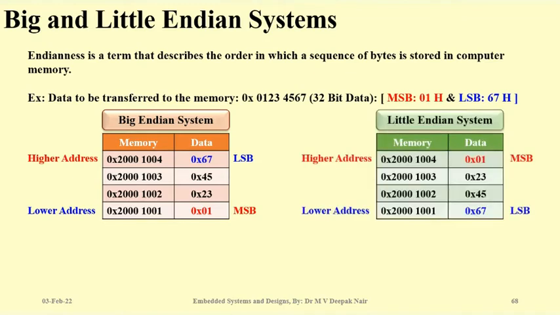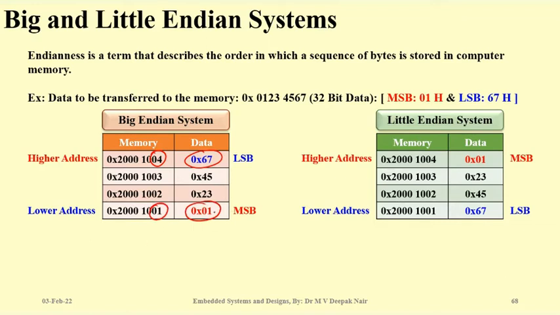Whereas the Little Endian system, what they do, they take the same data, and again here you can see the memory is growing in the upward direction. Now the higher address always gets the MSB and the lower address gets the LSB. So this is the difference here. Here you can see 67 goes to 04, whereas 01 was loaded to 01.